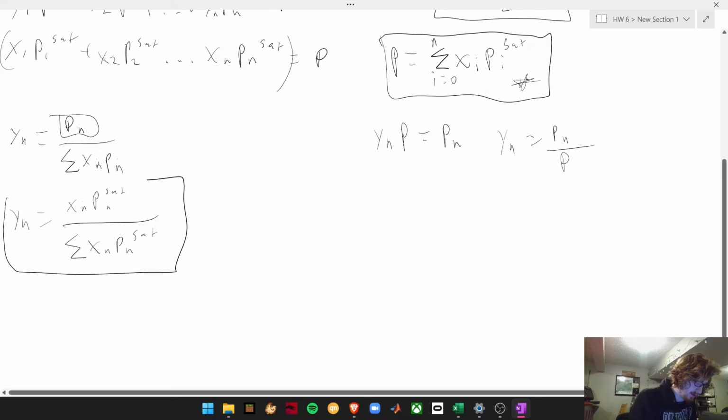So that is how we can solve for the bubble pressure. We have these two equations.